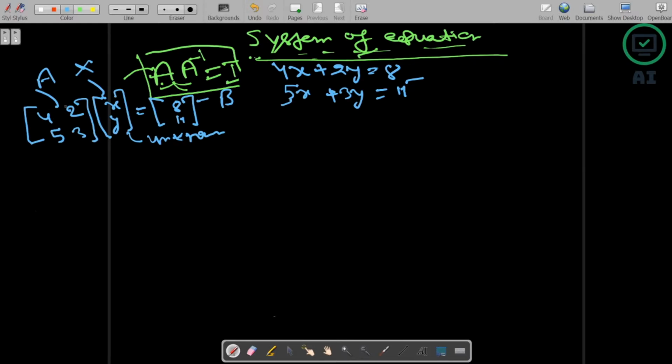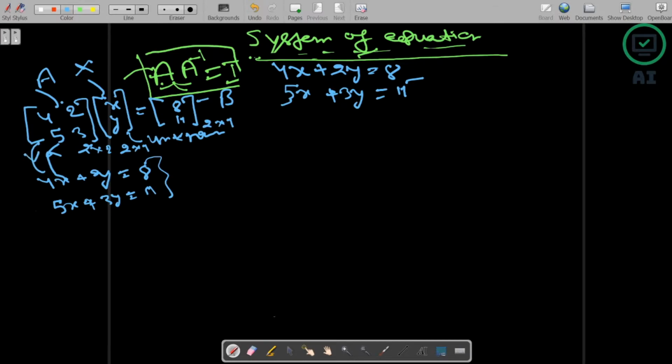And this one is the constants, equating to 8 and 11. This is 2 cross 2, this is 2 cross 1, and this is also 2 cross 1. If you multiply this, it is nothing but 4x plus 2y equals 8 and 5x plus 3y equals 11. So vice versa you can convert it, from here to here and from here to here also.